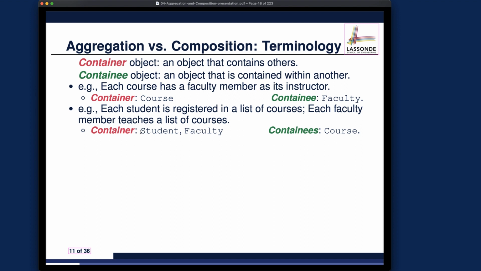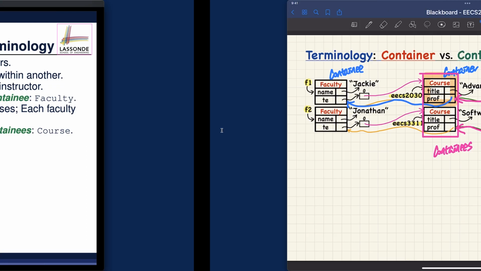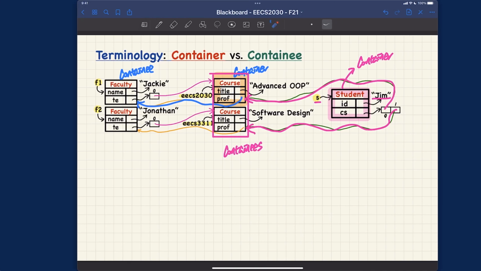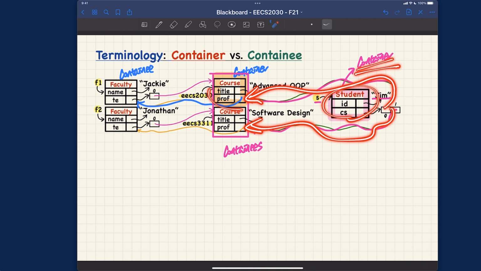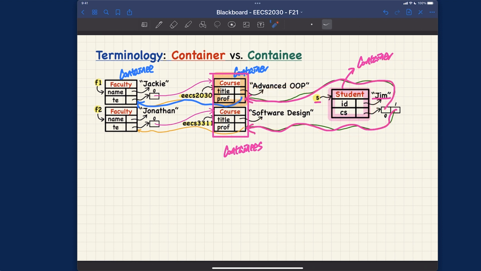The container will be students and faculty. A student here is a container, which contains more than one course as its containees. Sometimes it may be a special case like one, or even zero, like an empty array at the moment. It depends on how you implement it.